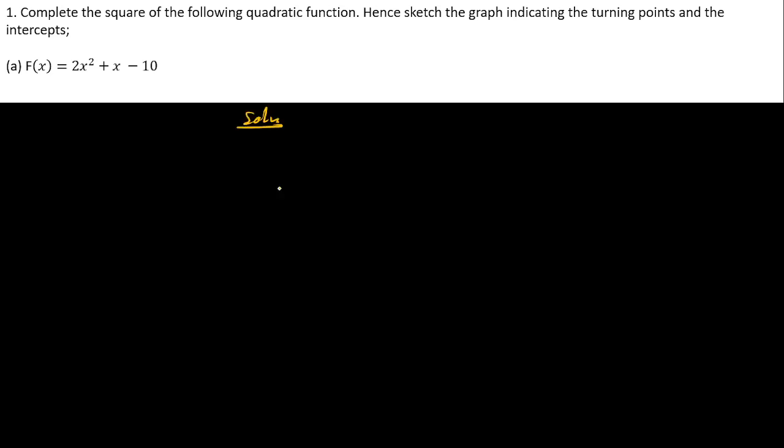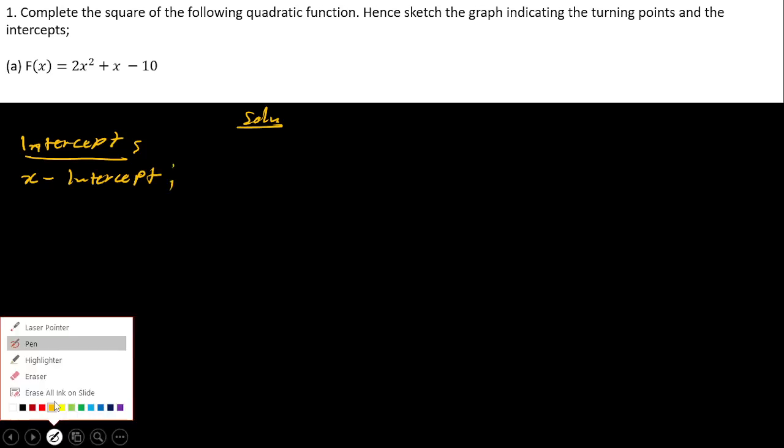When you are looking for the intercepts, which is another important part, this is what you need to understand. The first point is to look for the x-intercepts. This is where the curve is cutting the x-axis.